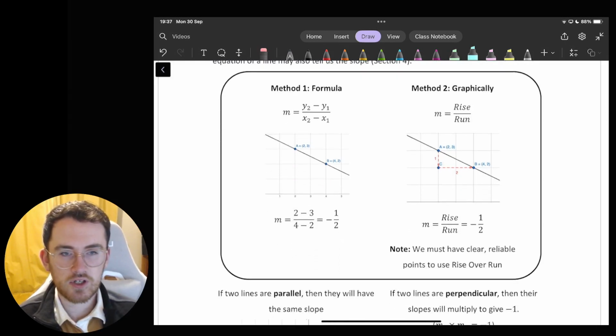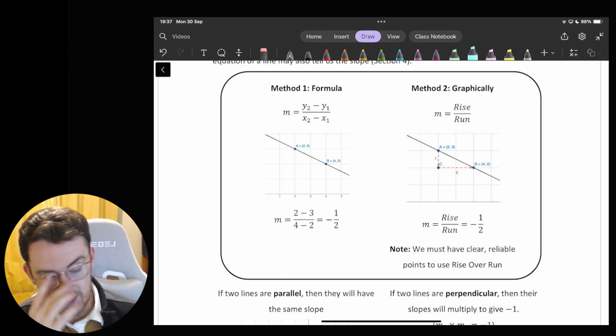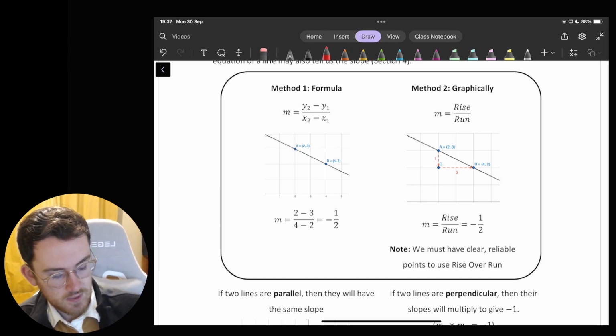Labeling our points as we did with distance and midpoint, x1, y1 and x2, y2, labeling our points appropriately and filling them into the formula as normal. What we're looking at here is on the top, y2 minus y1, the change in y, over the change in x.